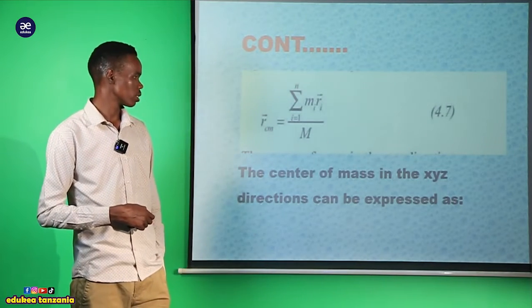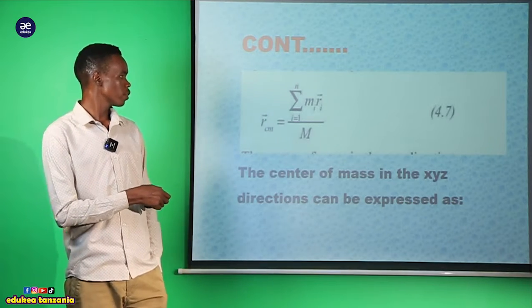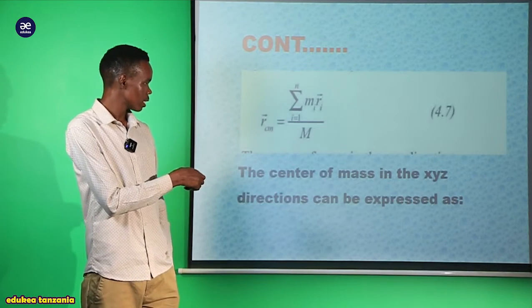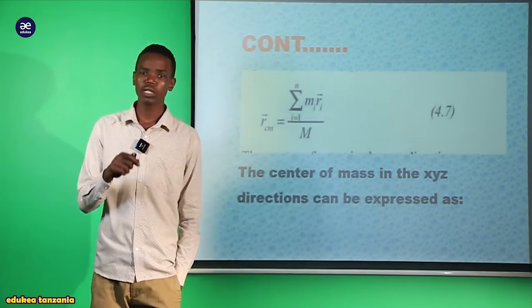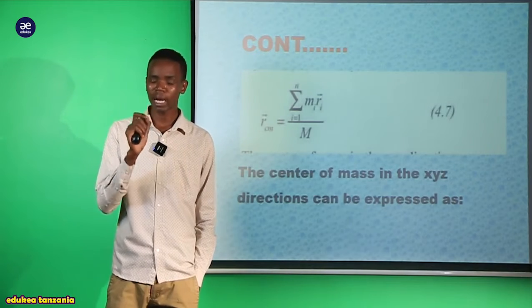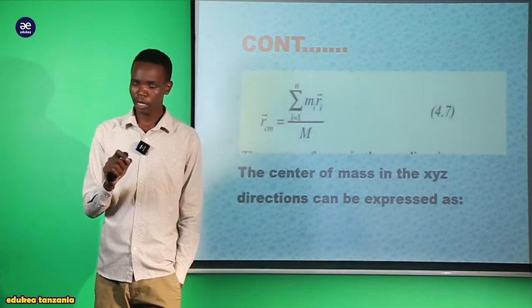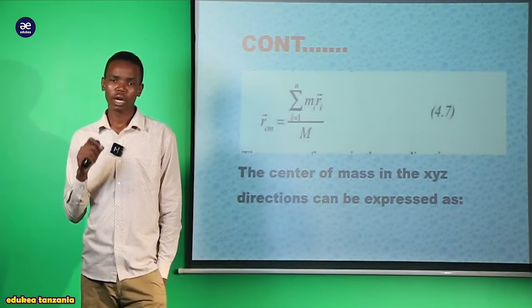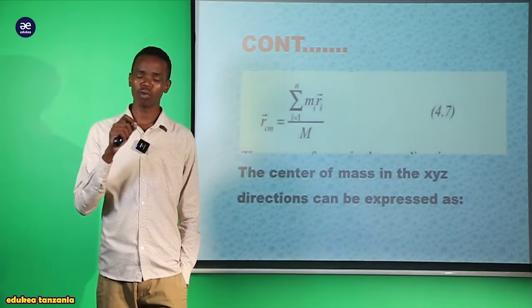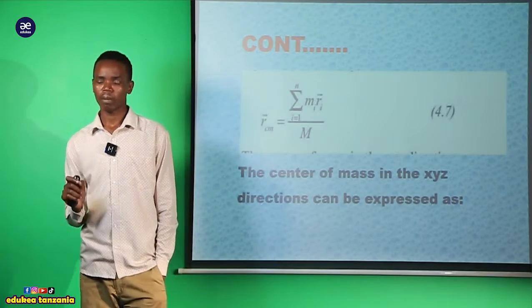Instead of using the summation of the masses below, we are supposed to use the individual masses. Kwa badala ya kutumia pale chini kwamba ni summation of masses, tunachotakiwa tuweze kuapply pale itakuwa ni individual masses.